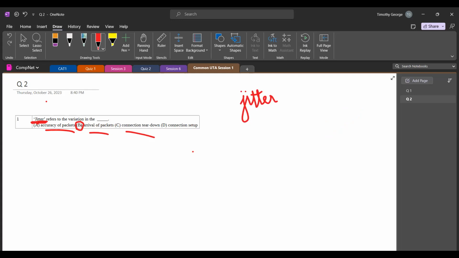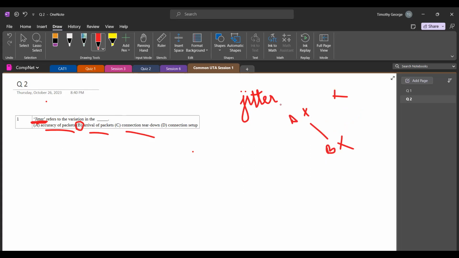That's jitter. If you had a network with messages going from one to the other, how much variation is there in the time a packet takes to go from A to B and from B to A?